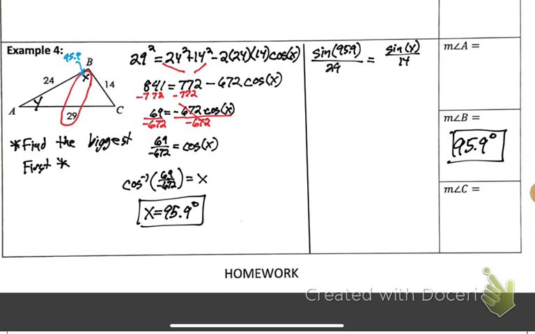In fact, this time I will. I showed you a shortcut on the other one. I'll do the long way this time, depending on where you are or what you're comfortable with. So we have 14 times the sine of 95.9 equals 29 times the sine of y. Divide both sides by 29, and you'll have 14 sine of 95.9 divided by 29 equals sine of y.